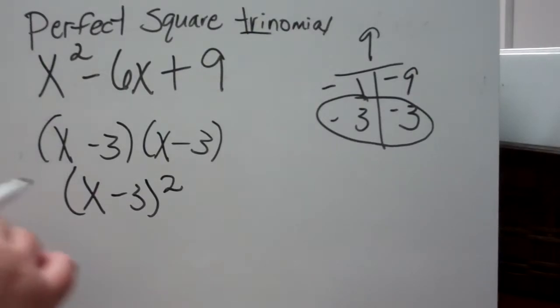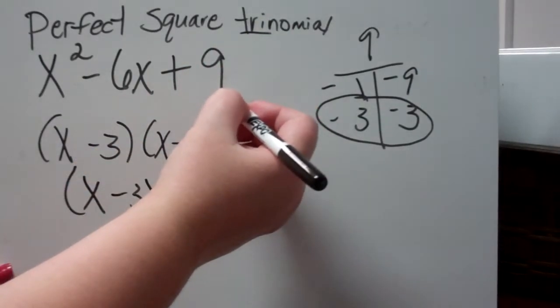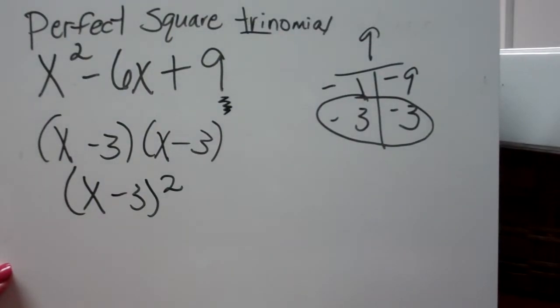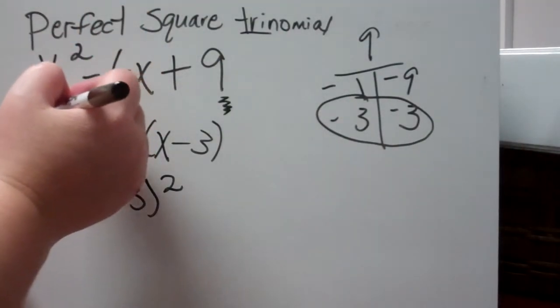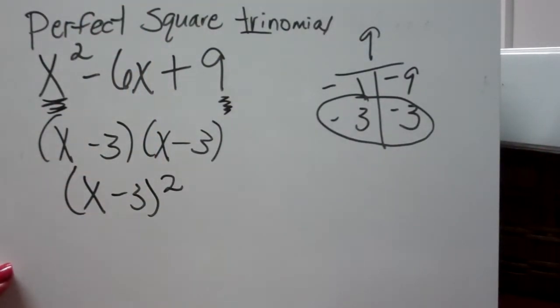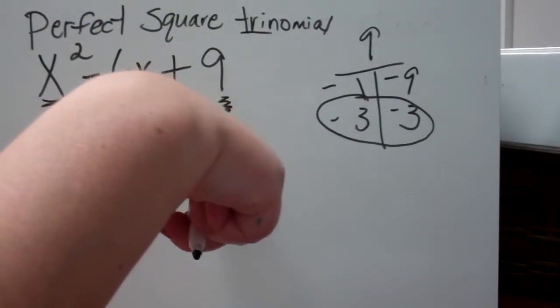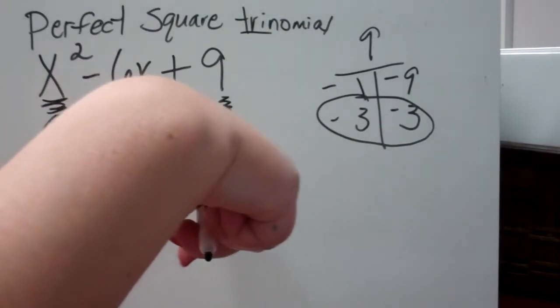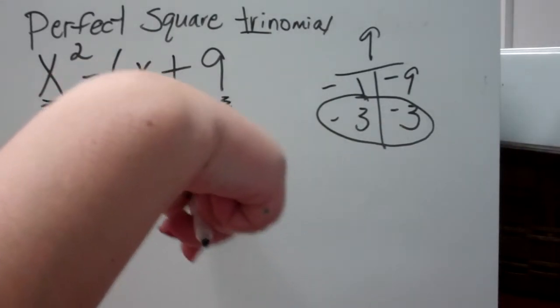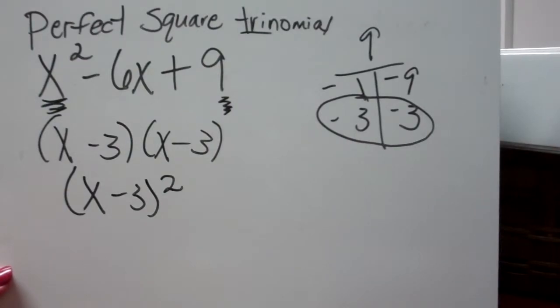What makes it a perfect square trinomial is this is a perfect square. This is a perfect square. Half of this number, or the square root of this number, is 3. These are twins, and they add together to give you the middle term.